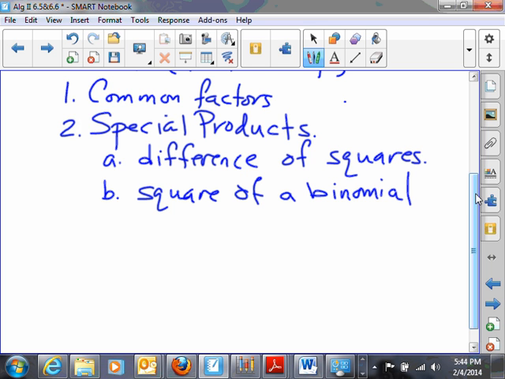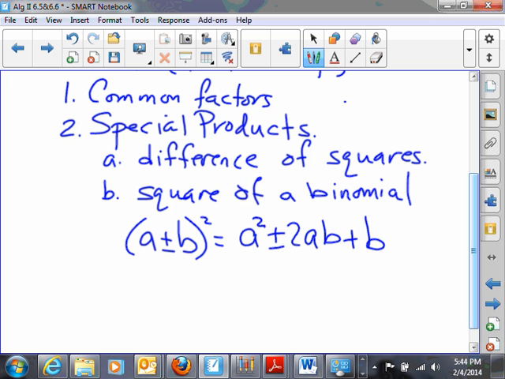If you have a plus or minus b squared, and you multiply that by itself through FOIL, you end up with a pattern that goes like this: a squared plus or minus 2ab plus b squared. Now what that means is, if you have a plus sign in the binomial, then you'll have a plus sign for the middle term. If you have a minus sign in the binomial that you're squaring, you'll have a minus sign for the middle term, but everything else is the same.